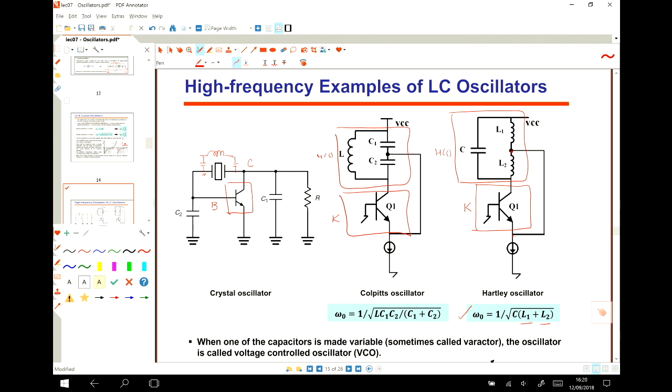In this configuration, if this is the input and this is the output, what's the gain of this transistor? What's VO over VI? If here is VI and here is VO, these are all in parallel with R, and R is dominant.